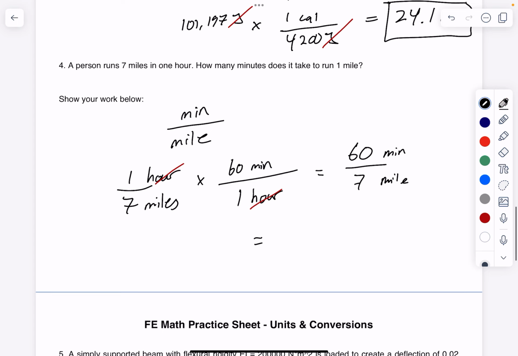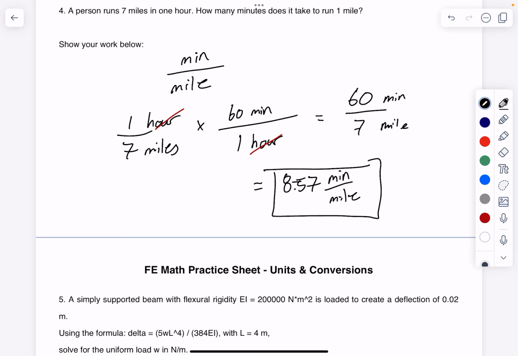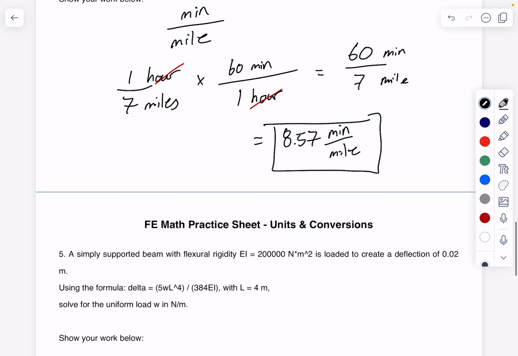Which is 8.57 minutes per mile. So they're running an 8.5 minute mile almost.